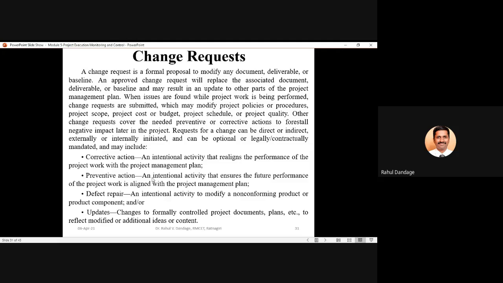Once the change request is submitted, the authorities will go through it, they will take the decision, and then accordingly there will be a change in the appropriate documents. An approved change request will replace the associated document, deliverable or baseline, and may result in an update to other parts of the project management plan.